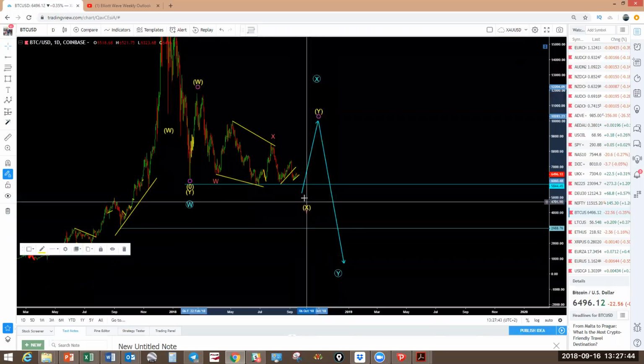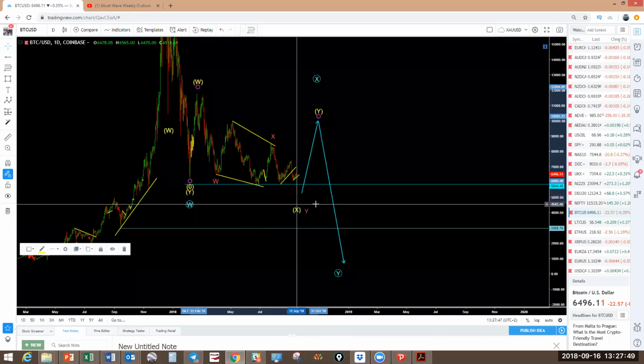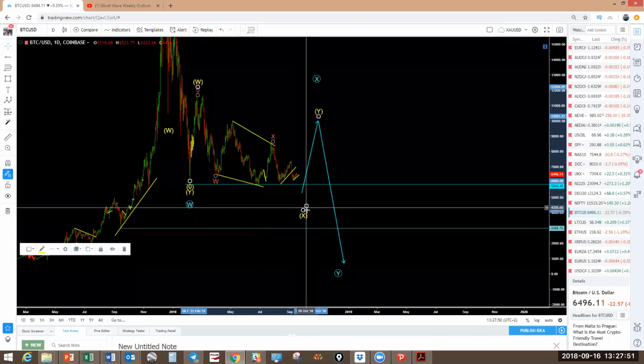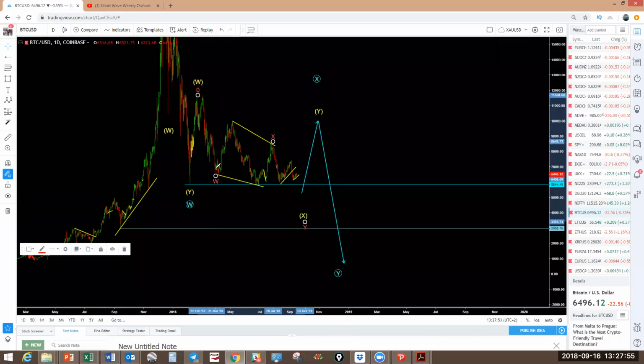But this structure makes much more sense at this stage to be a W, X like that, and your X is this 3-wave move. Okay, the yellow X. So that's why we're expecting that this breaks to the downside, at least to around these levels. That is Bitcoin.